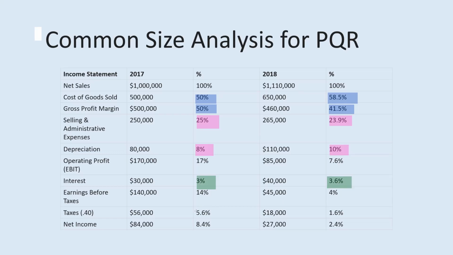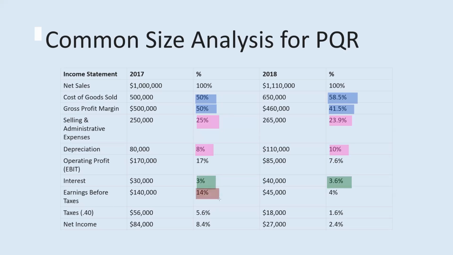So the earning before taxes here in 2017, you can see it as 14%.